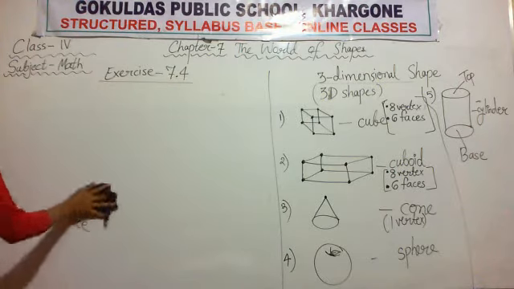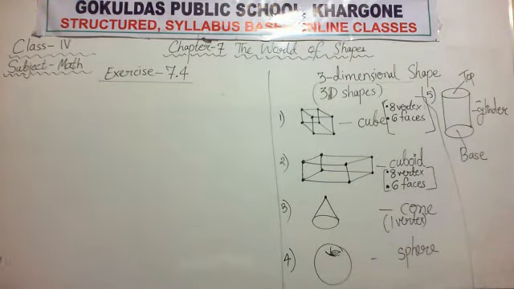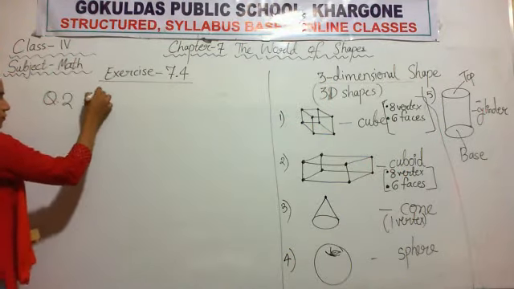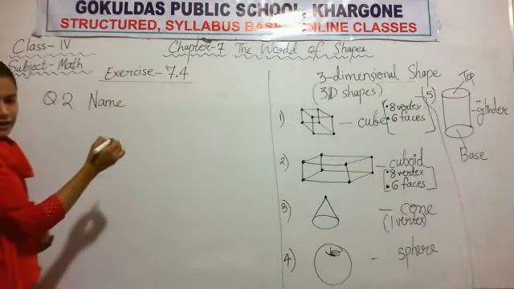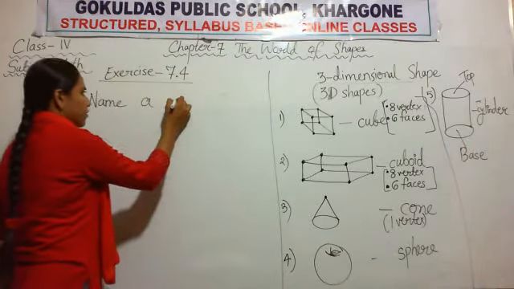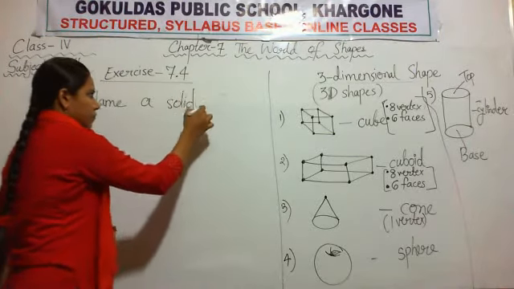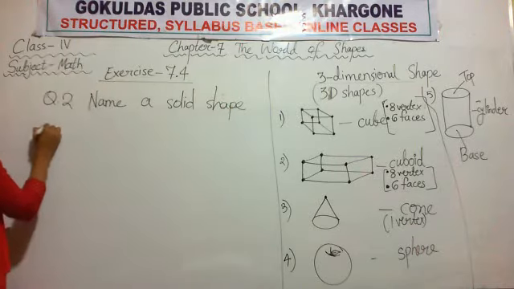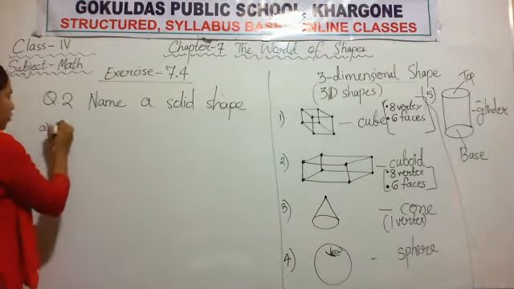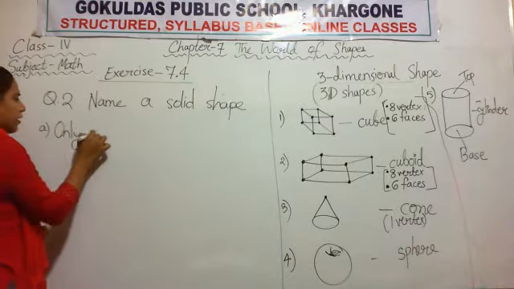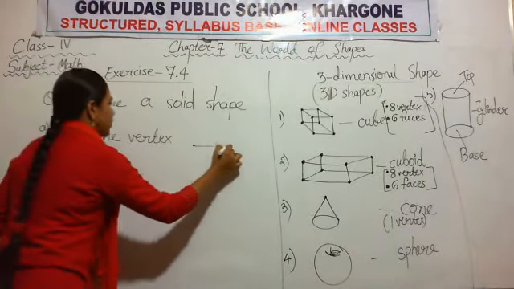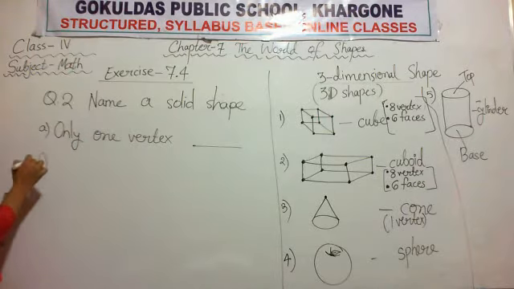Cube has 6 identical faces. We remember this. Question number 2. Name a solid shape with only one vertex. Which shape has only one vertex?